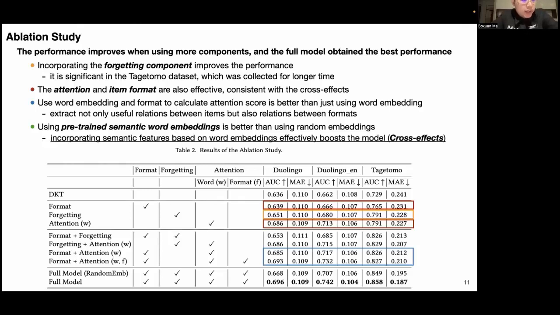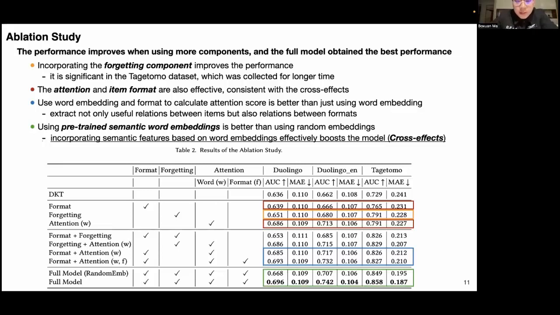Moreover, we noticed that using word embedding and format to calculate the attention score is better than just using word embedding. It can extract not only useful correlations between words, but also between formats.